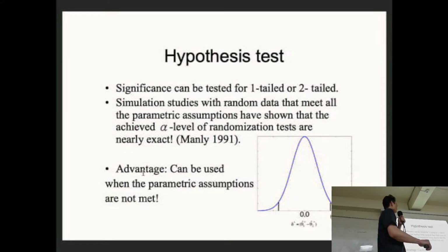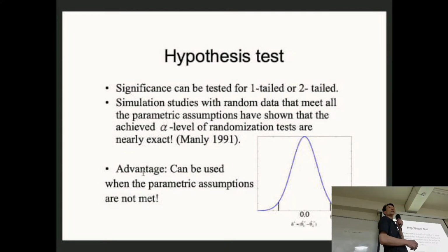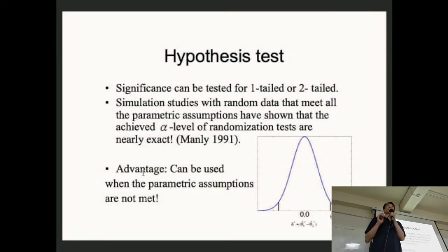These are confidence limits of your null distribution. Then we look up where we are. Maybe your theta 1 minus theta 2 is out here or here, then we reject the null hypothesis. Suppose it is a two-tail test. Of course, if it is a one-tail test, you have to adjust whether it's an upper tail or lower tail. If we observe theta 1 minus theta 2 somewhere in between, then you cannot reject the null hypothesis.